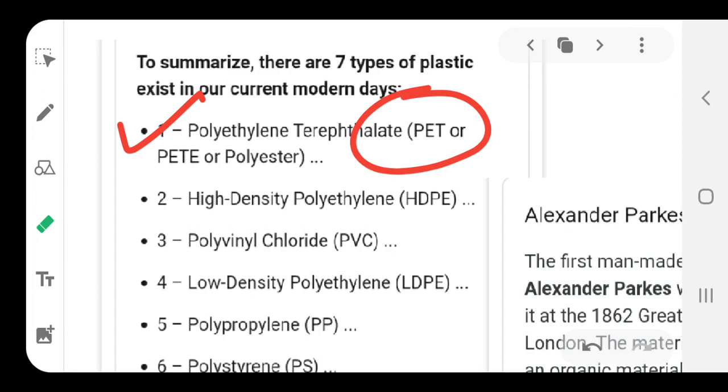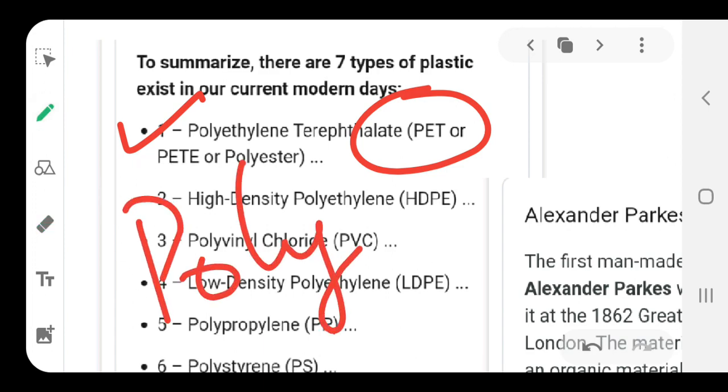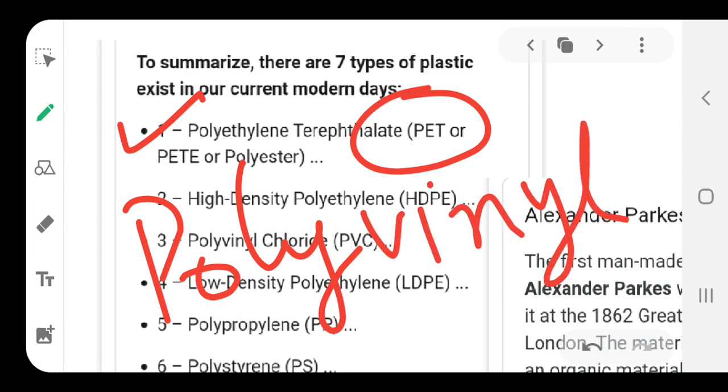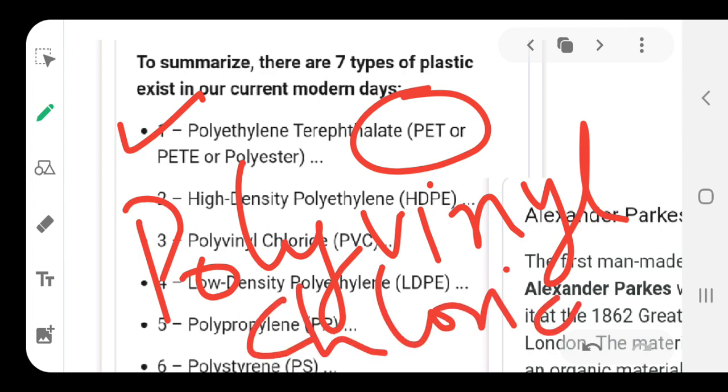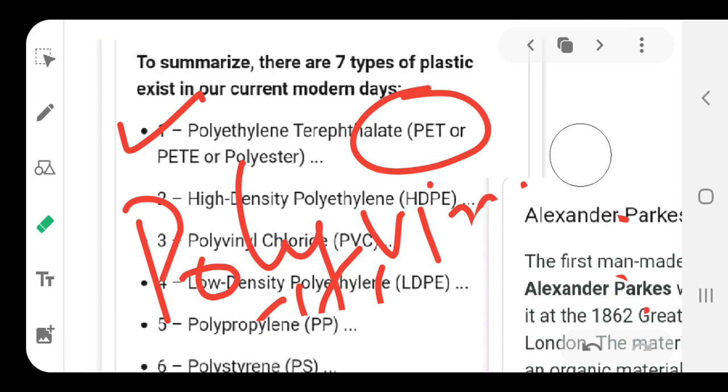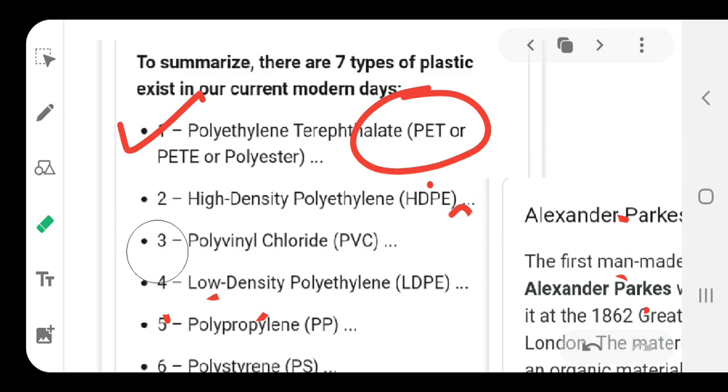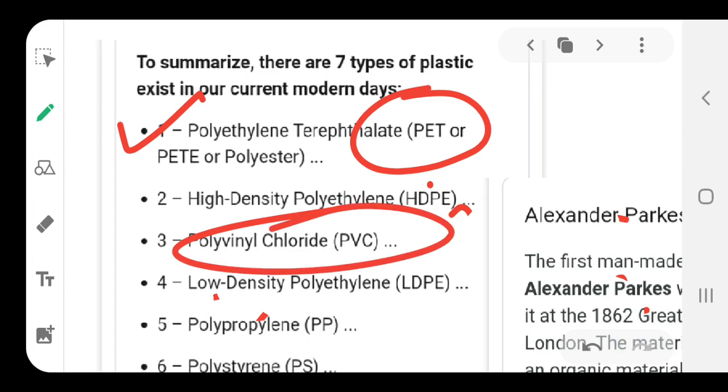PVC stands for polyvinyl chloride. These two terms and names must be known to you because they are written in your textbook. One is PET, the other is PVC.